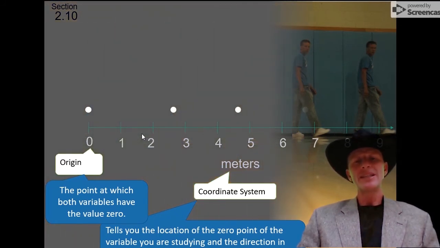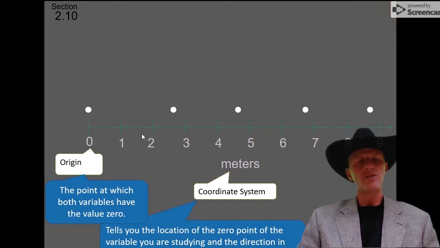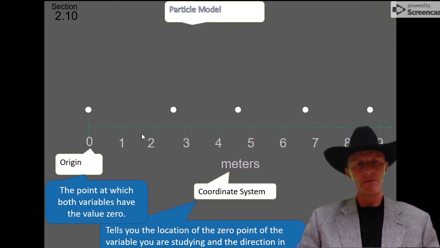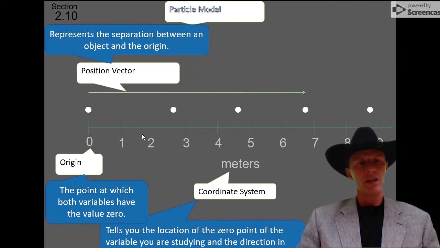And if we replace the image with a dot, we have something a little more simplified called a particle model. So we're going to use a particle model and draw some vectors on it to help us describe some motion. This vector that I have pictured here is drawn from the origin. We call that a position vector.